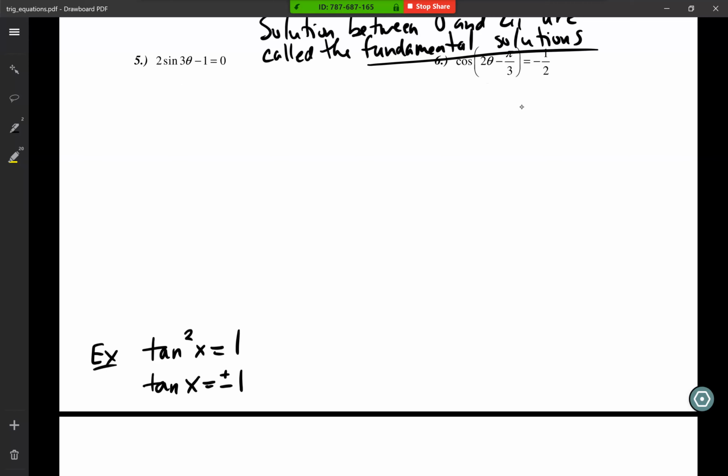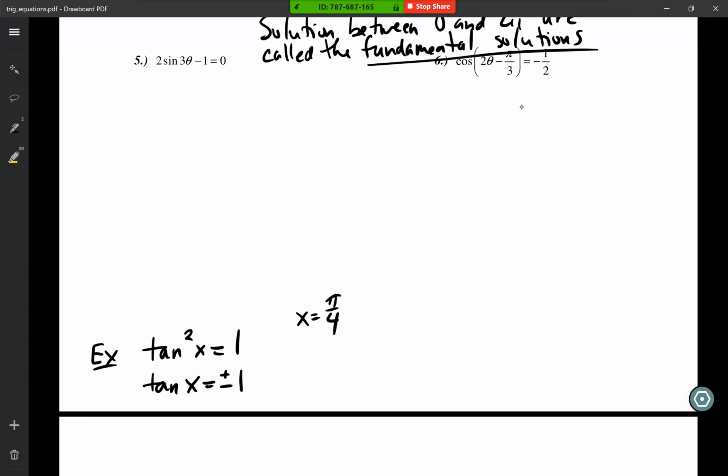Well, tell me one place where you know the tangent's equal to 1. So tangent is equal to 1 when the sine and the cosine are equal to each other. So when does that happen? I think it's pi over 4, right? 45 degrees gives you a tangent that's equal to 1.